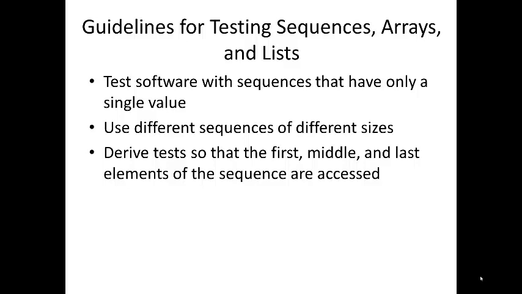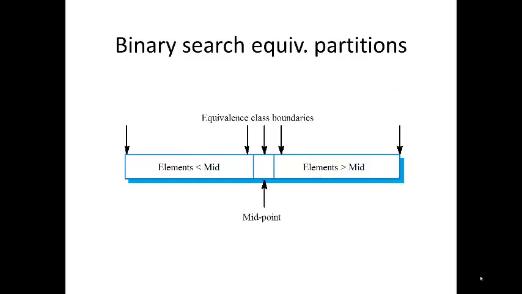So here's an example with binary search, and here are the equivalence partitions. You're looking for an element that's lower than the midpoint, higher than the midpoint, and an element that occurs precisely at the midpoint.